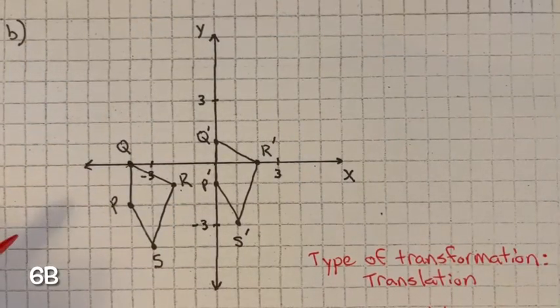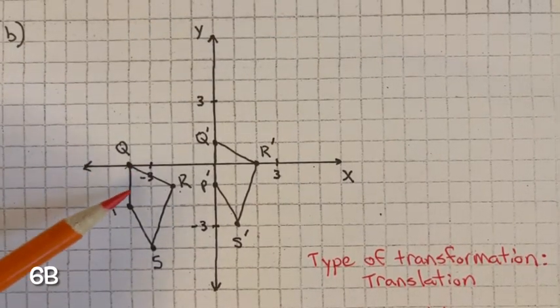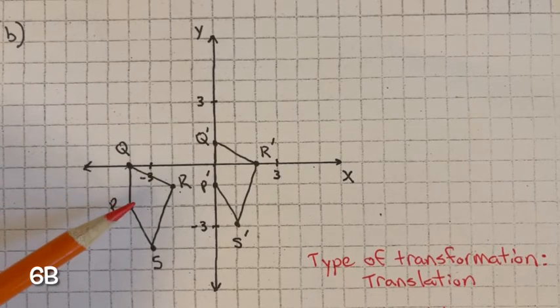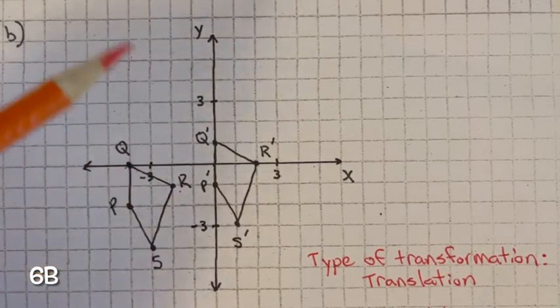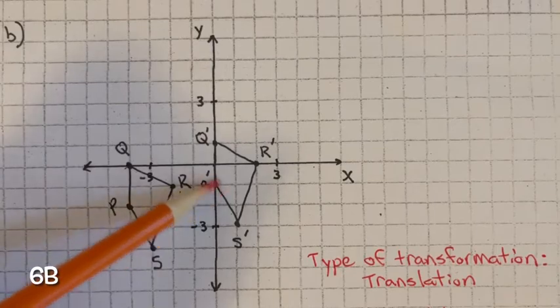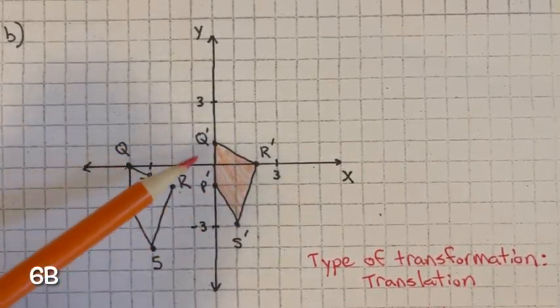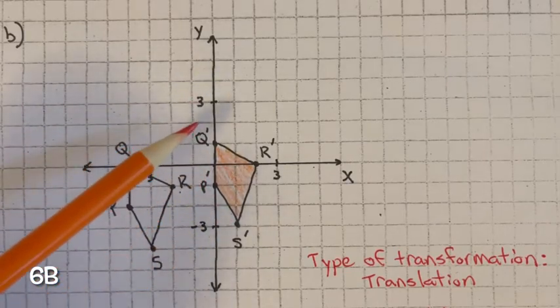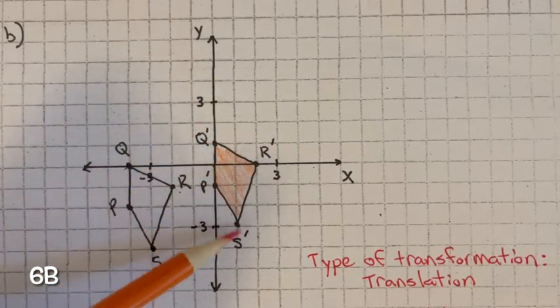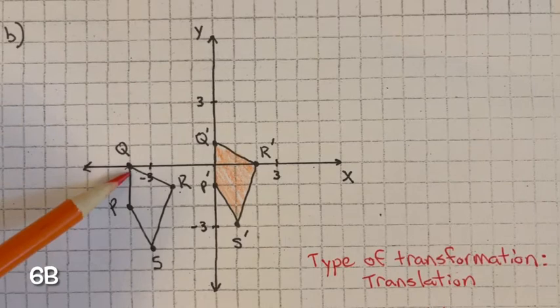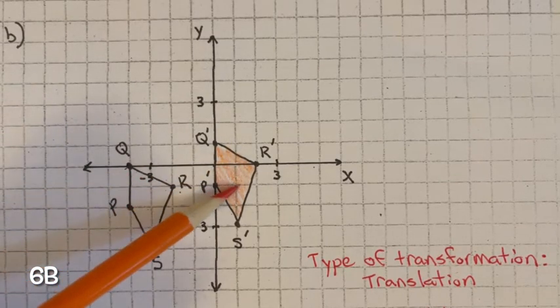I can tell that this is the image because the vertices have the prime marks, P', Q', R', S'. So this is the pre-image, so we're going from here to here.